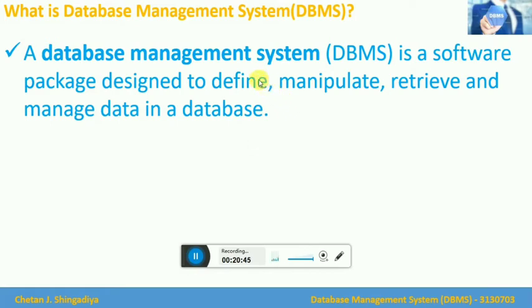First we define, then we organize in the form of tables, then we manipulate, retrieve and manage the data in a database. This DBMS software package will help us provide such functionality to define, manipulate and retrieve the data for that particular operation. So this is nothing but a DBMS system.